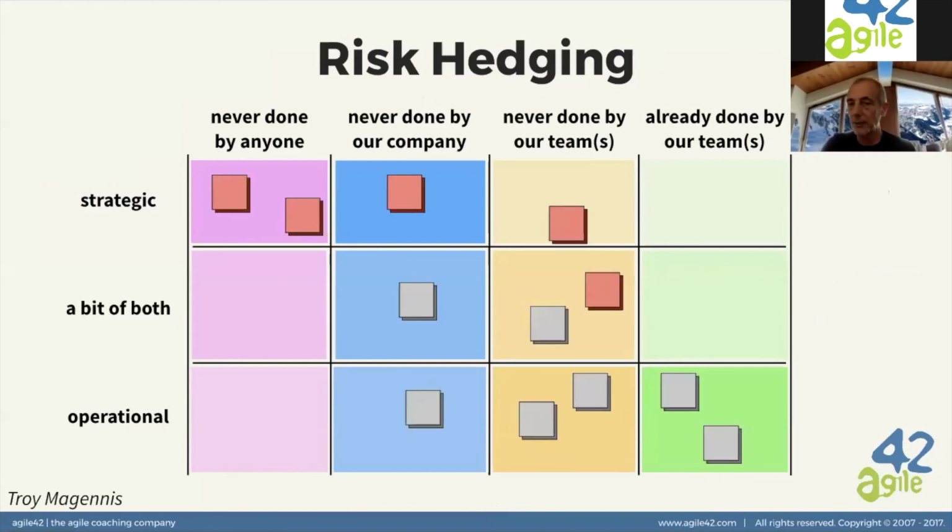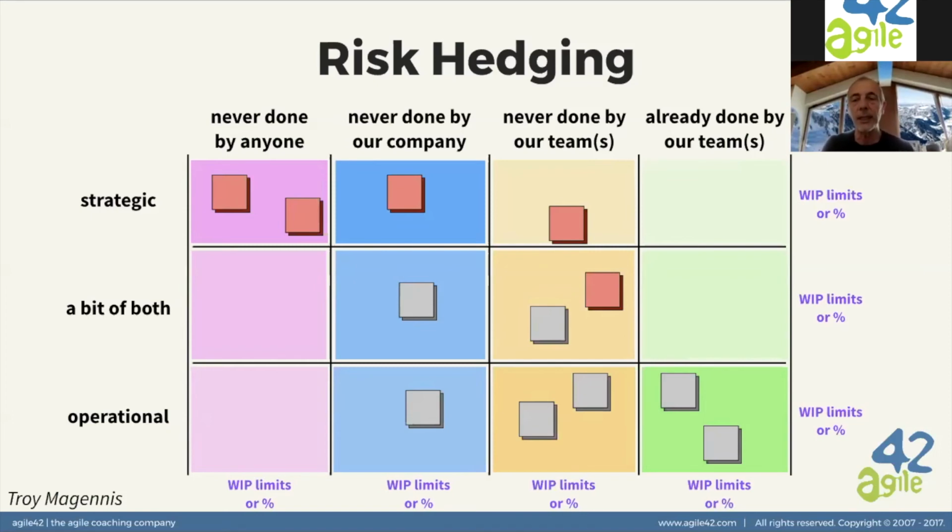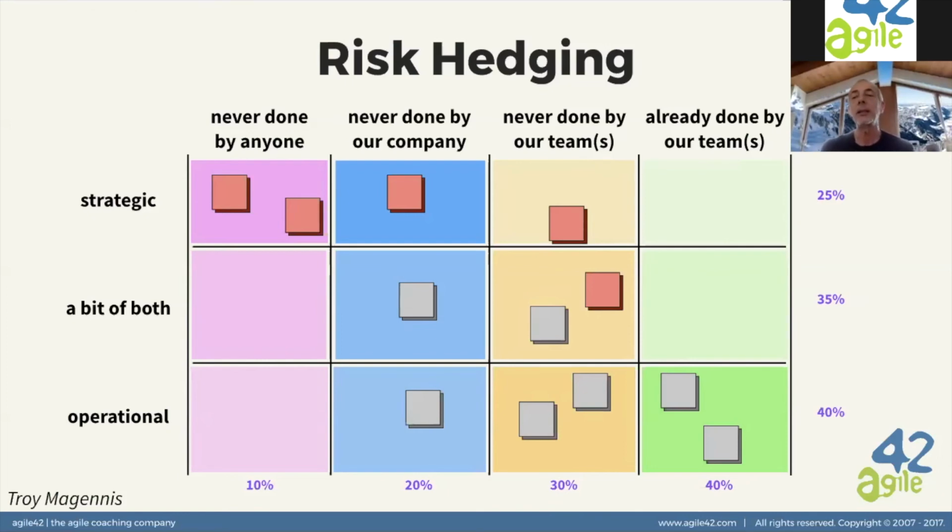So we can distribute all our initiatives in this table, so as to balance them and make sure that we either don't play it too safe or don't take too many risks. So we could use some kind of approach like WIP limits or percentages to decide how many projects we like in each of those areas, or use something like this, for example. And in this way, we can be sure that we have a well-balanced portfolio in terms of risk hedging.